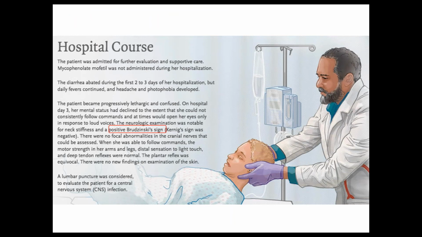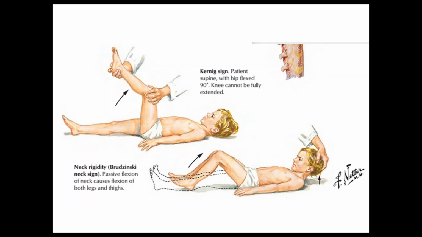Then this kindly neurologist comes by, and he determines that she has a positive Brudzinski sign. You may have forgotten Koenig's and Brudzinski's signs. If you have, we'll just remind you. You'll recall that Koenig's sign involves whether or not the patient can extend at the knee while the hip is fully flexed, if the knee can be completely extended.